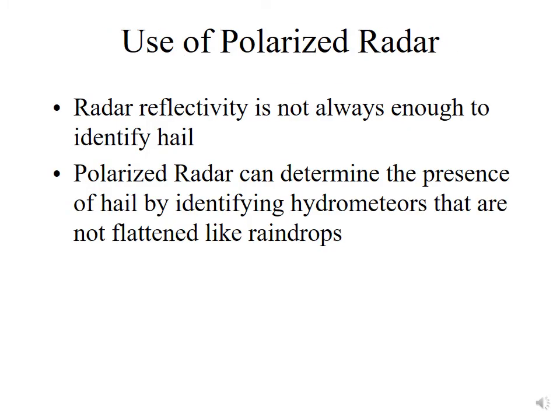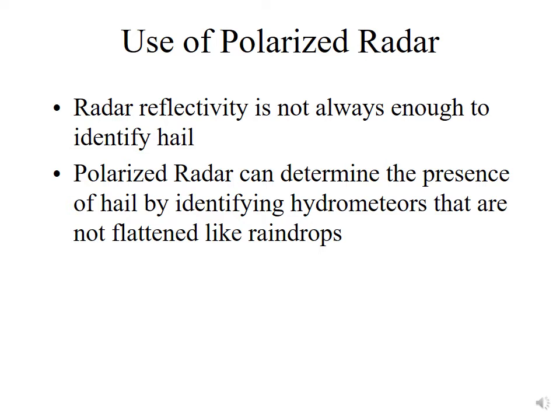And one other way that you can use radar to determine whether or not there's hail in storms, other than just looking at the radar return signal, is you can actually use polarized radar. This polarized radar basically puts out a beam in the vertical and then a beam in the horizontal axis. And if you have round hydrometeors, then you'll get the same return signal regardless of whether or not the beam is polarized in the vertical or the horizontal direction.